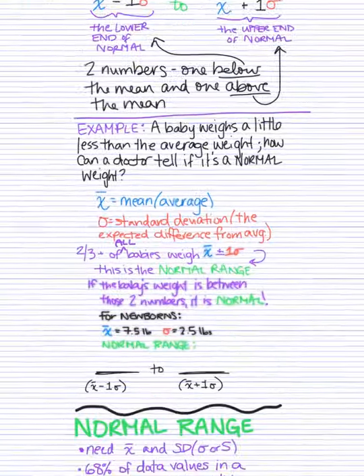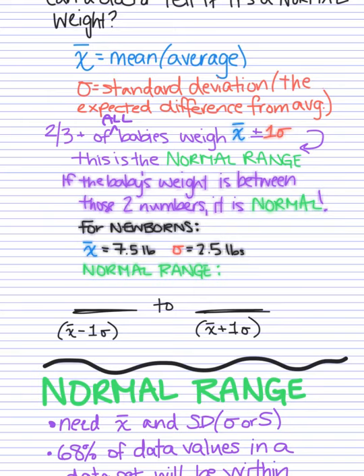So in the instance of newborns, here's the information we have. The average weight of a newborn is 7.5 pounds. There's a standard deviation of 2.5 pounds, meaning we would expect a weight to differ by about 2.5 pounds. So the normal range for a baby's weight, on the low end, we're going to take 7.5 and subtract 2.5.